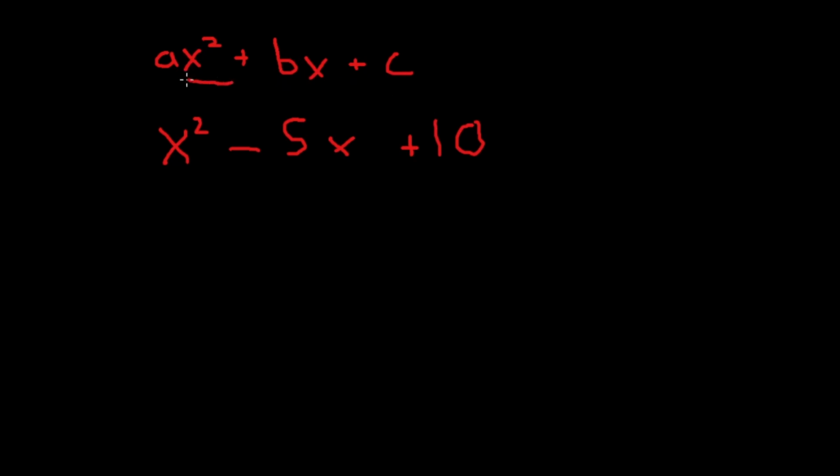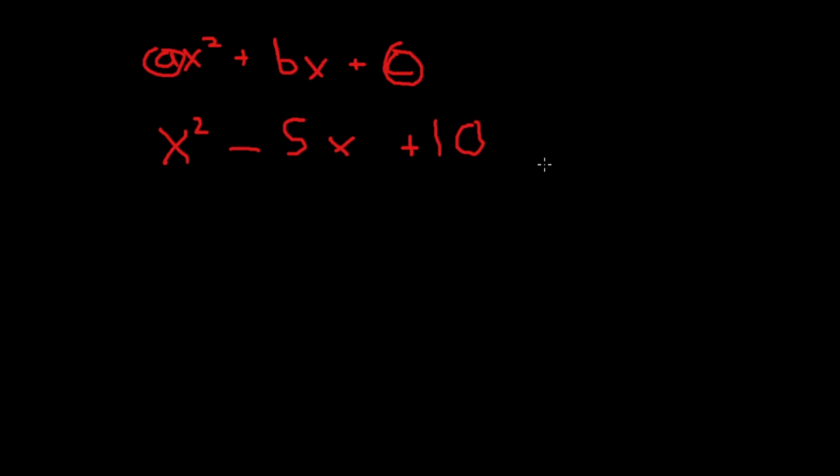So to factor anything in this form, you find two numbers that multiply to a times c. That's why I was saying 1 and 10, because this x squared basically has an invisible 1 by it, as you can multiply anything by 1 and it doesn't change.